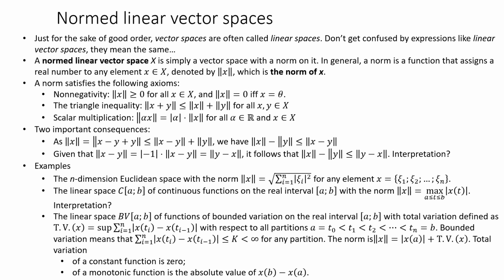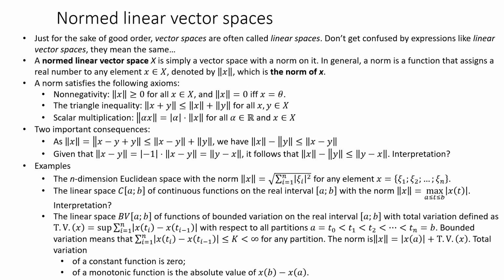So we have a function, we have arbitrary partitions of the real interval [a,b], and if this total variation is finite for any partition, then the function has bounded variation. So these functions constitute the vector space BV[a,b], and we have the norm.